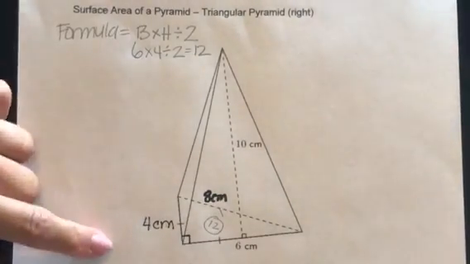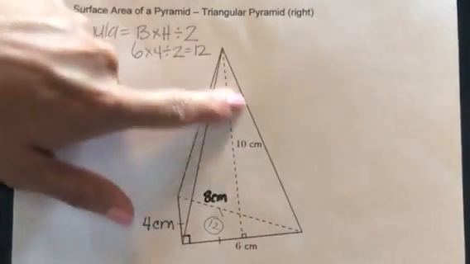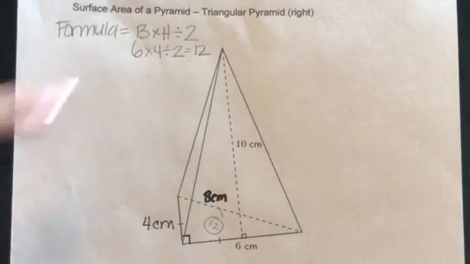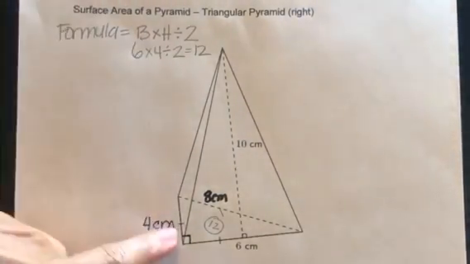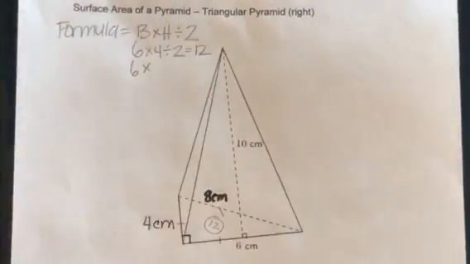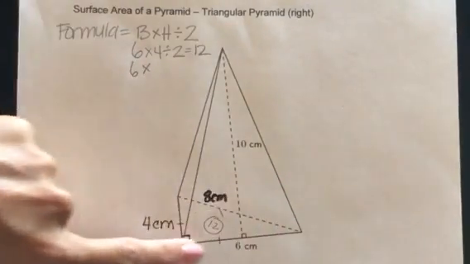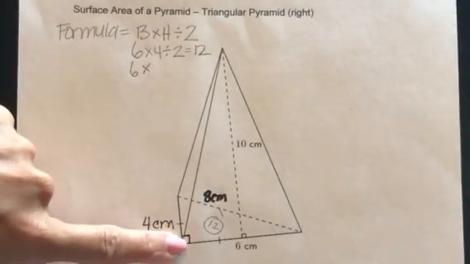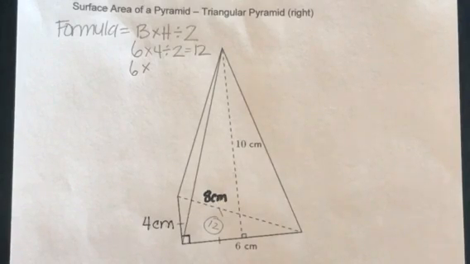Next, I'm going to solve for the triangle that's looking right at me, if you can see it right there. So again, I'm going to use the same formula. I'm going to do base. So the base of this triangle is still 6. So we're going to use 6 times, and then this time, since this is not a right triangle, and I'm assuming that this triangle is either an acute triangle, it could be isosceles, but I'm not sure, but it's definitely not a right triangle.